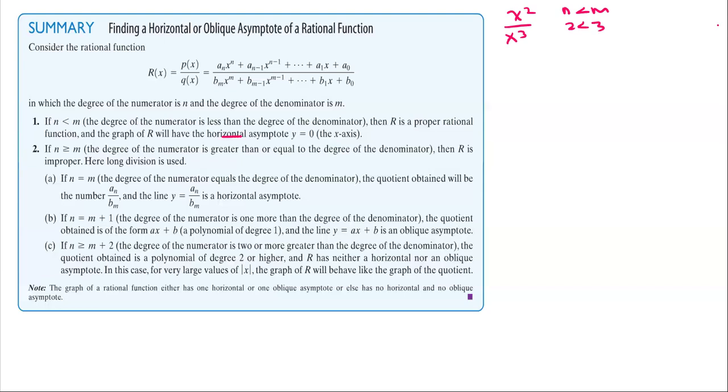It says that we do have a horizontal asymptote at y is equal to 0. And that's all we write. We look at the leading power. It tells us, hey, this is less than the denominator. So my conclusion is I have a horizontal asymptote at y is equal to 0. Okay, all right, so check. Now let's look at the next part.